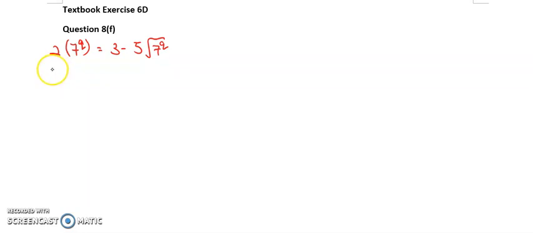We can use a little bit of law of indices with this square root here. So 3 minus 5 times 7, and since square root is a half power, we will get 7 to the power q over 2.